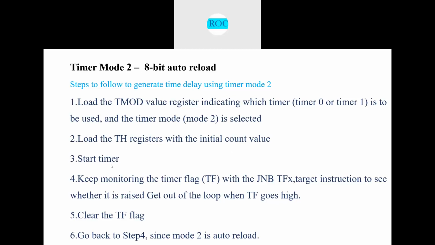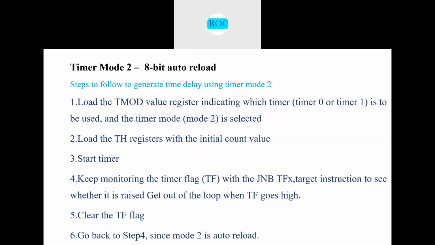When you start the timer, what will happen? The TL register, the lower byte register, will keep on incrementing till it counts 256 clock cycles. After that number of clock cycles, it will reset, and the overflow flag will be set.